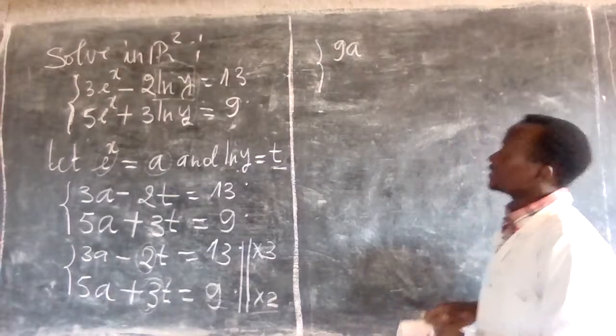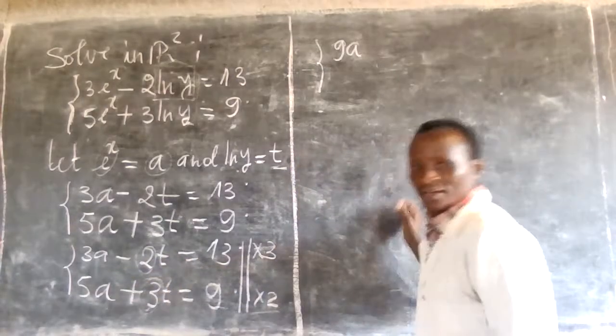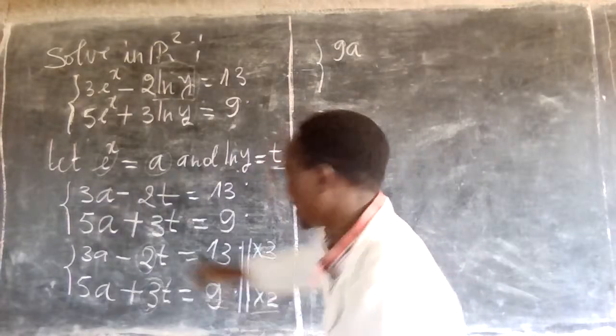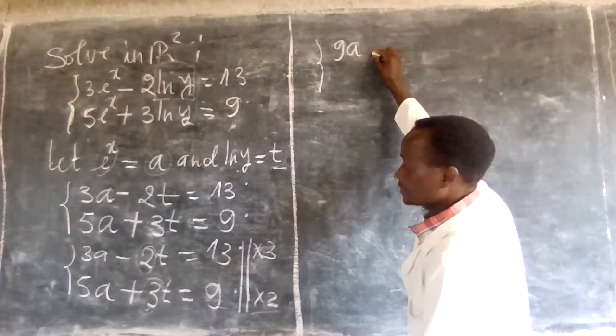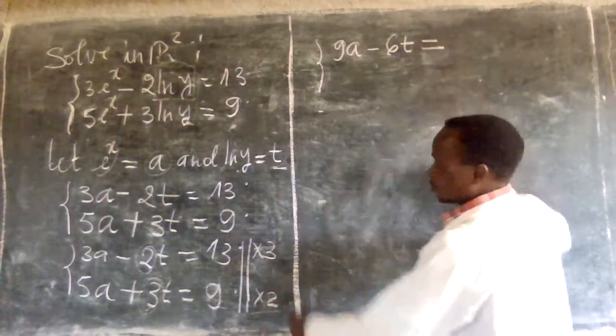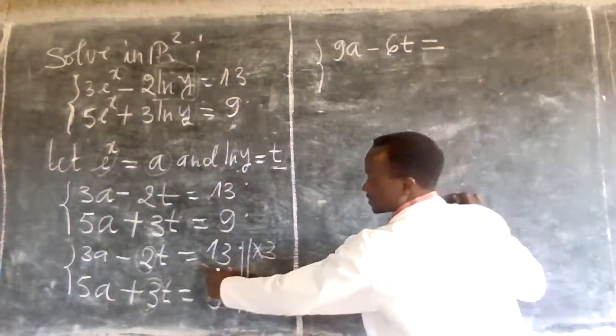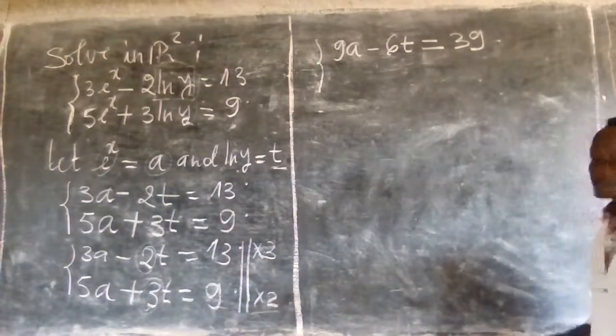Yes, 9h. 3 times this minus 2t, it is minus 6t, which is equal to 3 times this 13, it is 39. Yes?